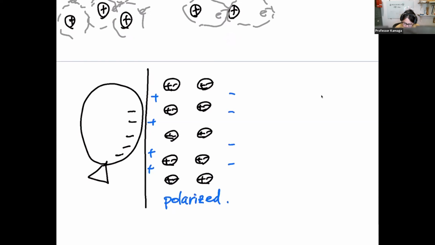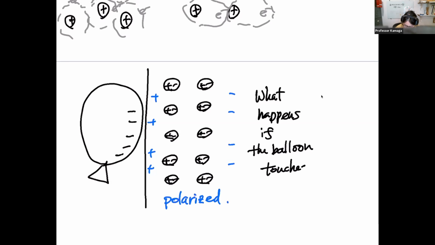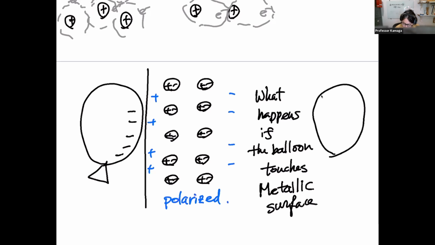So what happens if the balloon touches a metallic surface, like a doorknob that's made of metal? Then what happens to the balloon now?